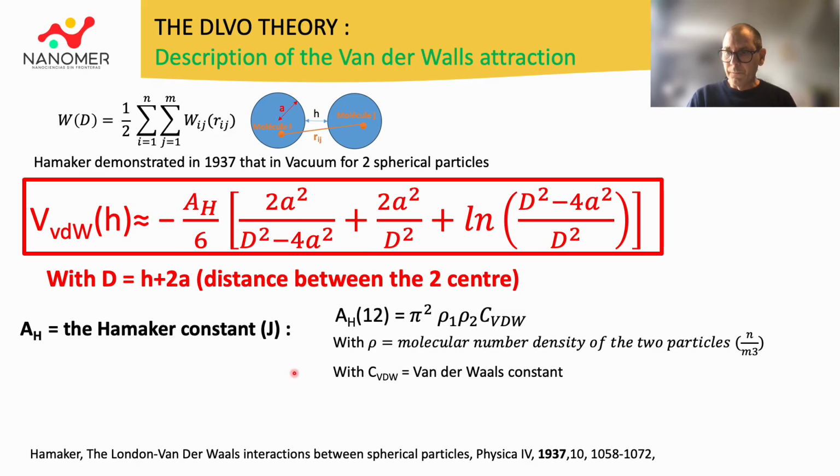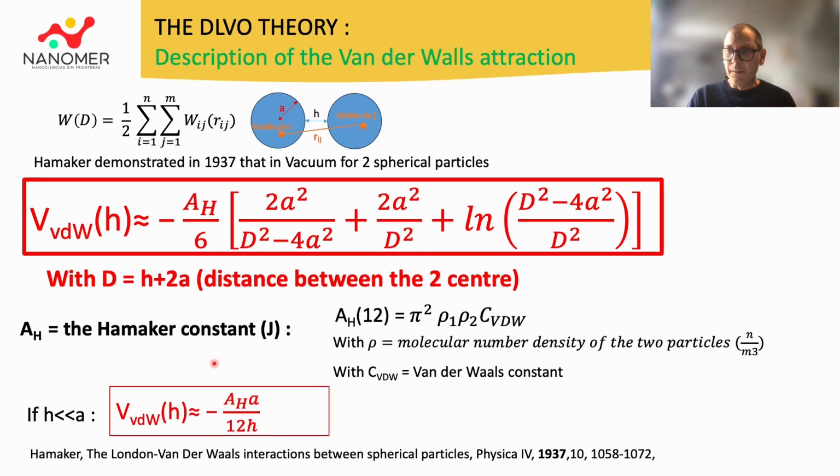The Hamaker constant is directly related to the total van der Waals constant and the molecular number density of the two particles. The Hamaker relationship can be simplified when the distance between particles is much smaller than the size. In this case, the van der Waals interaction potential depends only on the Hamaker constant, the size of the particles, and their distance, using this relationship.